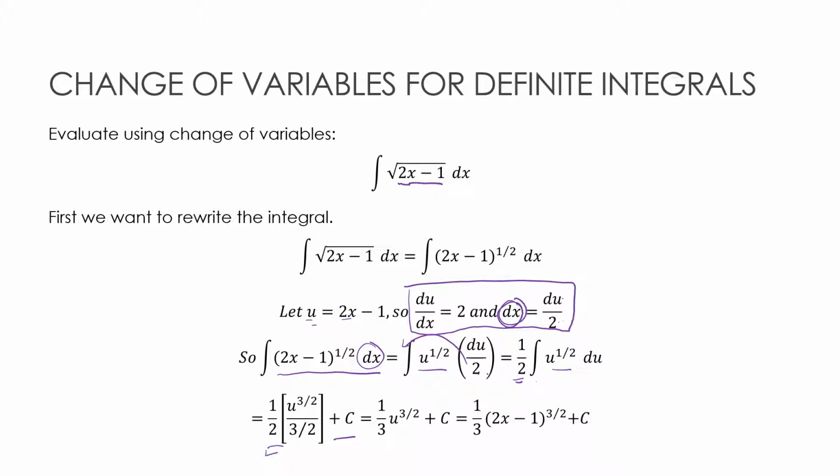Do some simplification, so this ends up as 1/3 on the outside times u to the 3/2, and then of course I replace the u with 2x minus 1. As you'll notice, this looks almost exactly the same as pattern recognition, except for this step, where I don't have to think as much, I just do a little more substitution, or substitution in a different way.